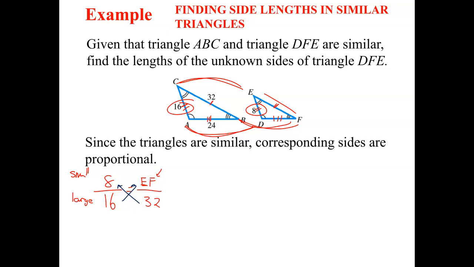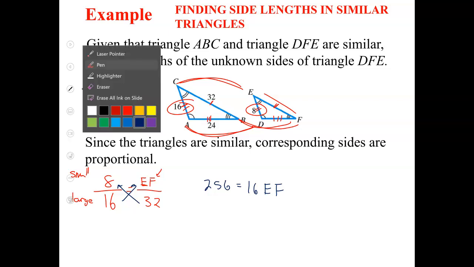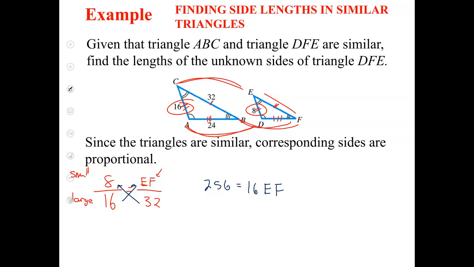What's 32 times 8? 16 times side EF. How do I get side EF by itself? Divide by 16. If I divide by 16, what's the measure of side EF? 16. So side EF is 16.